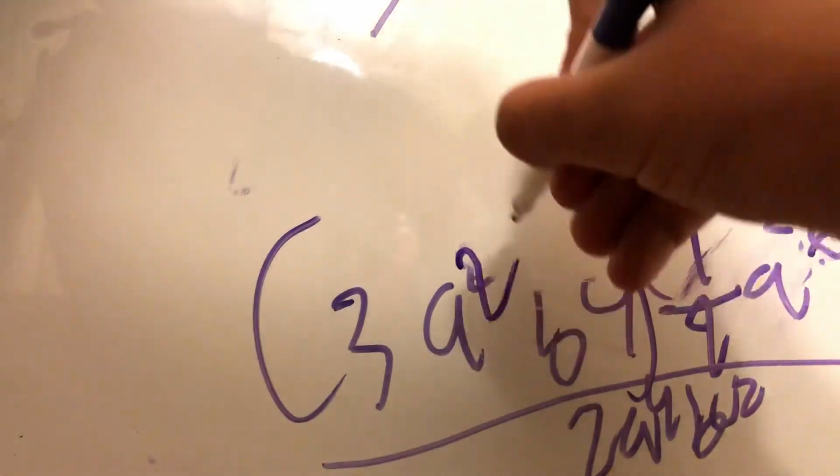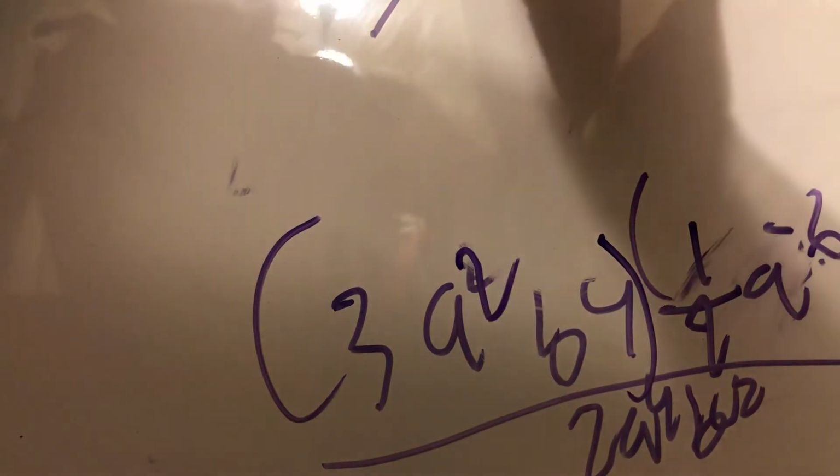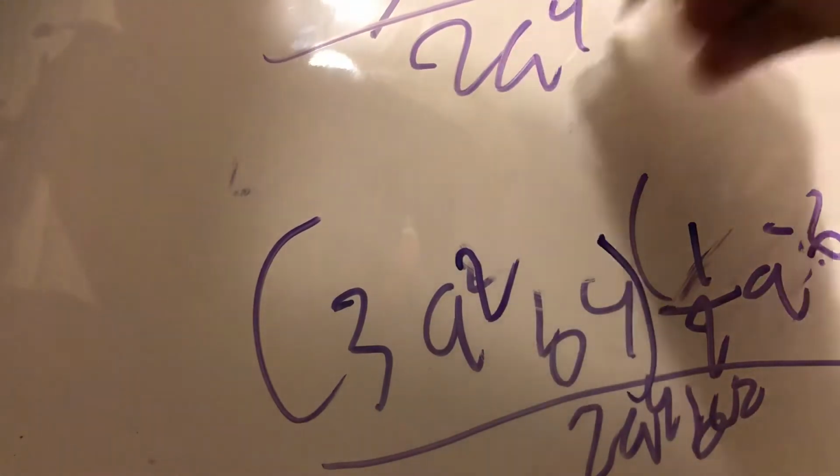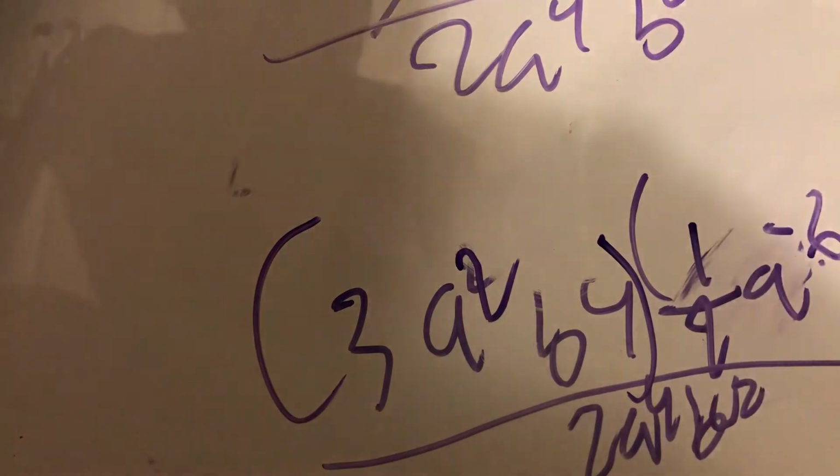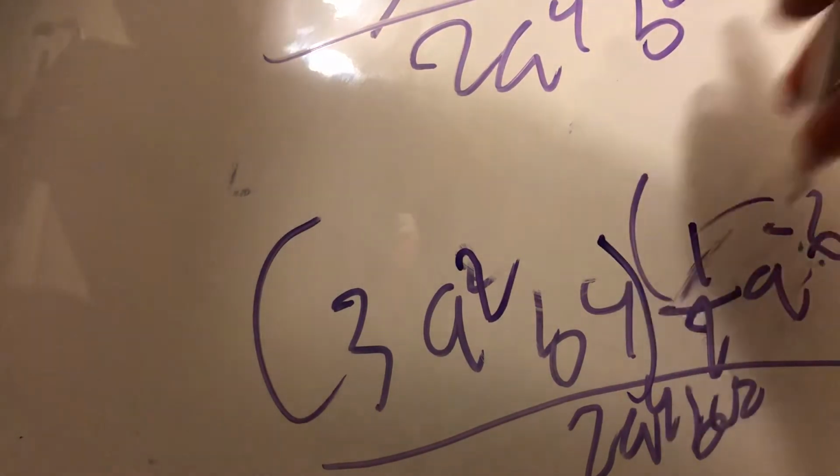This one was -2, sorry, it's going to be -4. -4 b to the power of -2, and here we have 2a^4 b^-2. This one was -8, so -8 and 4 is going to be -4. It's going to be here too.